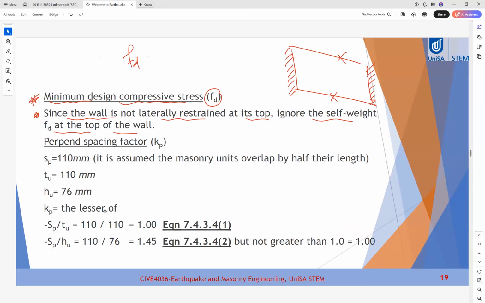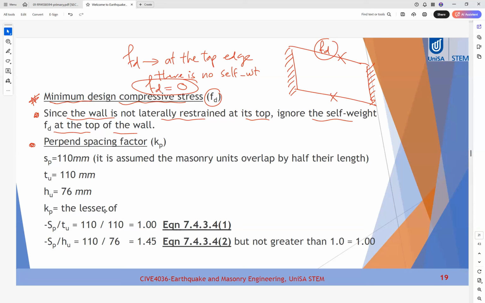So FD will be at the top here, and at the top edge there is no self-weight. If there is no self-weight, how much is FD? FD can be taken as 0, because the wall is not supported at the top.